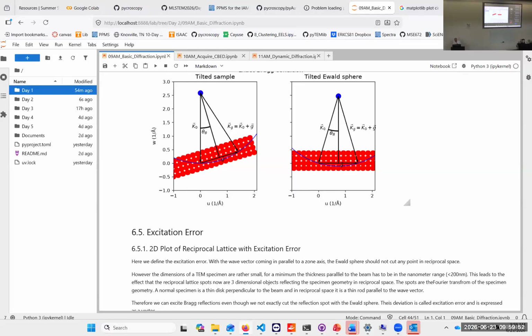Okay. And once you have all the reciprocal lattice points that contribute in the zero order Laue zone, in all the higher order Laue zones, you can calculate the Kikuchi lines, because all they are is the intersects.